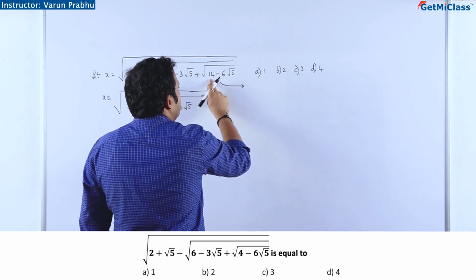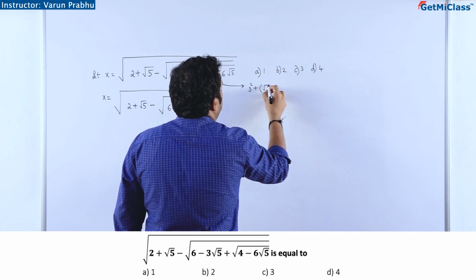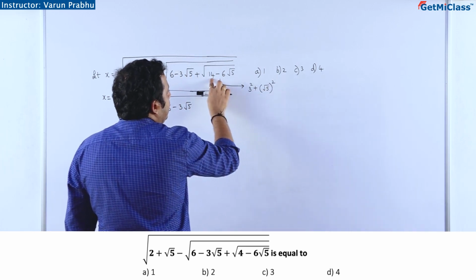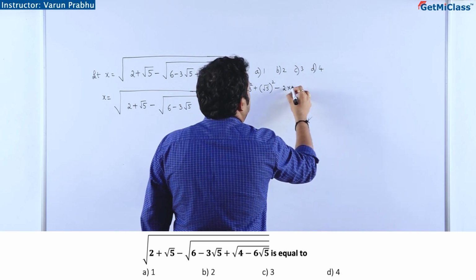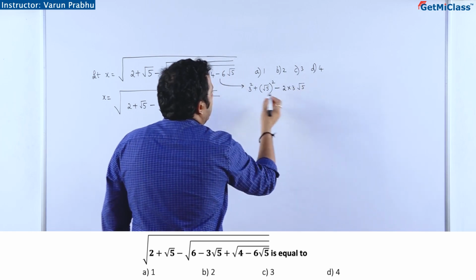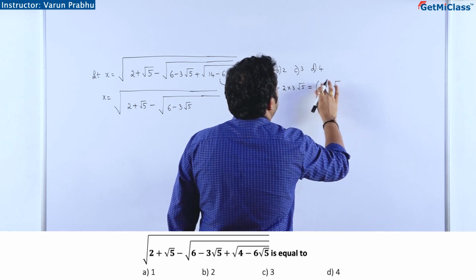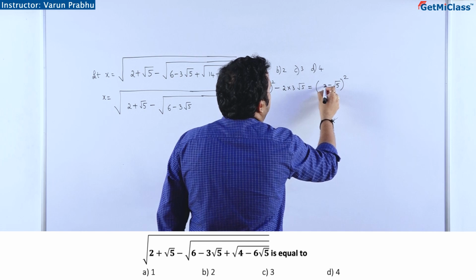I can write this as 3 square plus root 5 the whole square. So 9 plus 5, 14 I am getting here, minus 2 into 3 into root 5. So I can complete this in the form 3 minus root 5 the whole square.